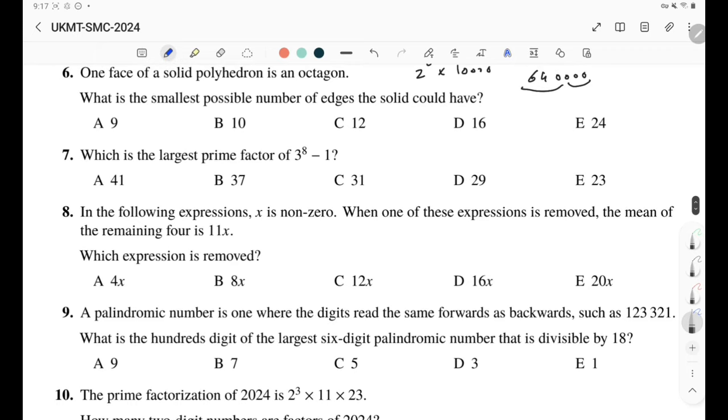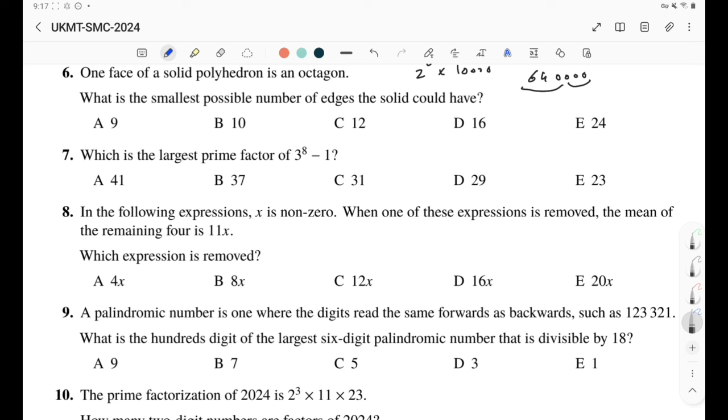Okay. Next. One face of a solid polyhedron is an octagon. An octagon is a regular polygon, which has 8 vertices or 8 edges, and we need to find the smallest possible number of edges this solid could have.